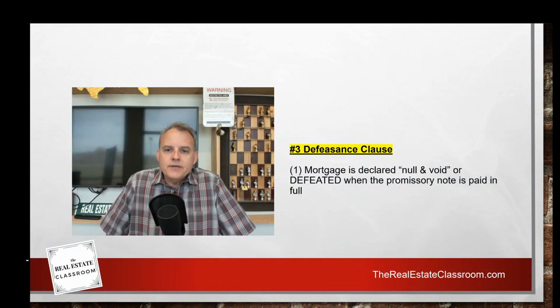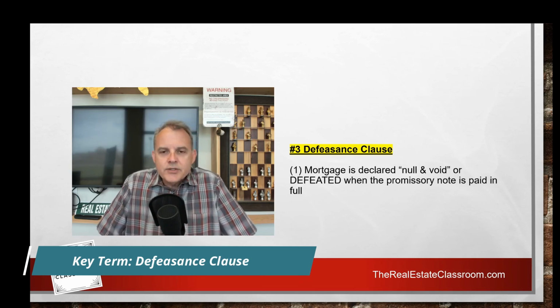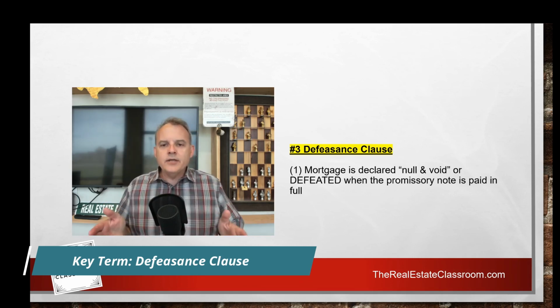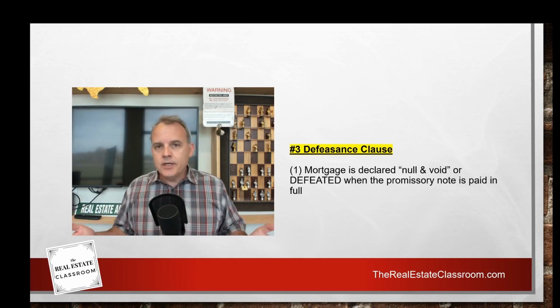Number 3 is a defeasance clause. It's kind of funny, defeasance clause, and you have to understand that the root word here is defiance, which means defeat. And this is when a mortgage is declared null and void or no longer enforceable or defeated, if you will, when the promissory note or the loan against the property has been paid in full.